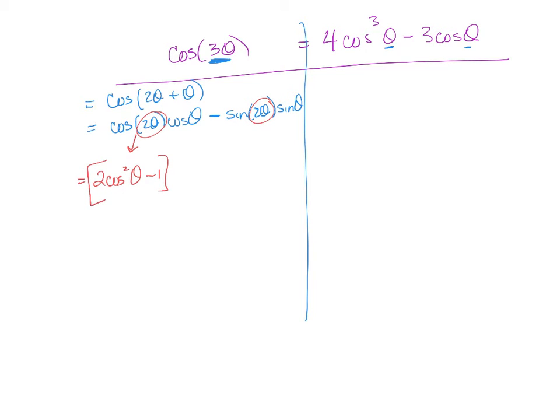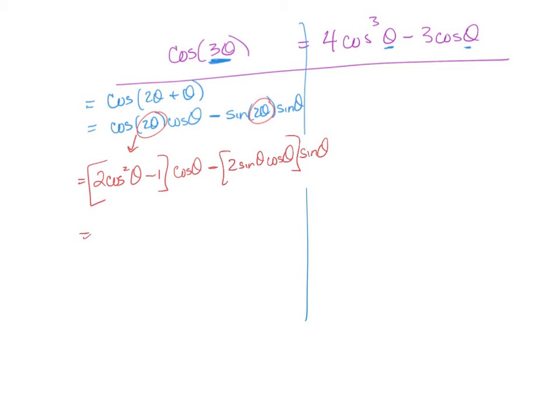Okay, we just did that, times a cosine theta, minus, well, sine 2 theta, that's 2 sine theta cosine theta. And I put brackets so we don't lose that minus sign. And then I have a sine times sine theta. All right, let's keep going. I don't know if this is going to work or not, but let's keep going.